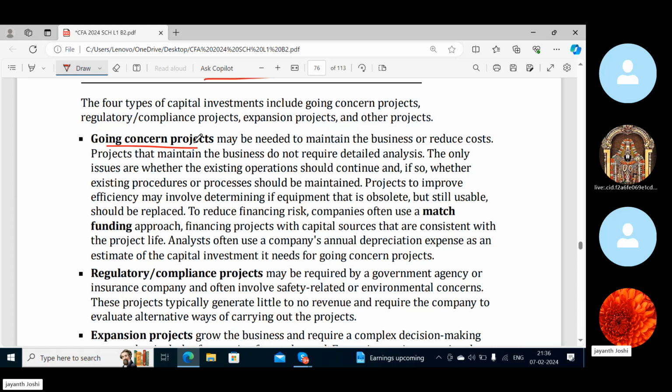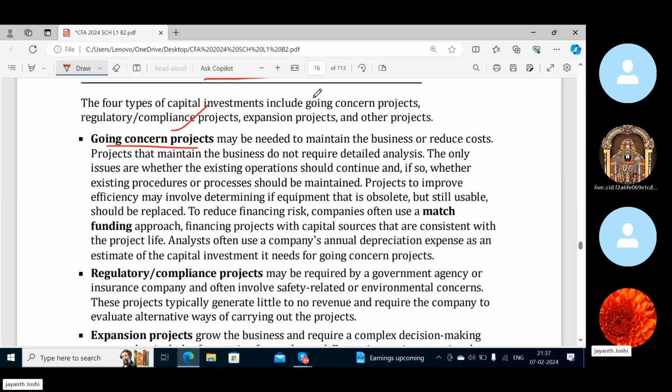Every year you produce goods, sell goods, generate revenues, deduct your expenses and try to earn certain profits. Then next year the same thing goes on and on. That is a going concern project.